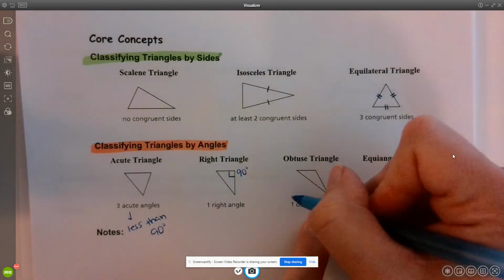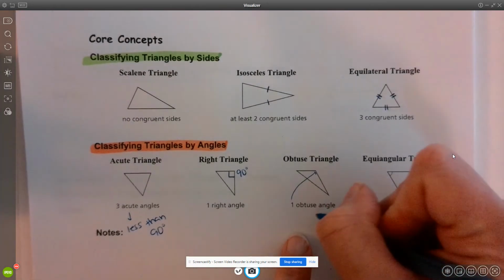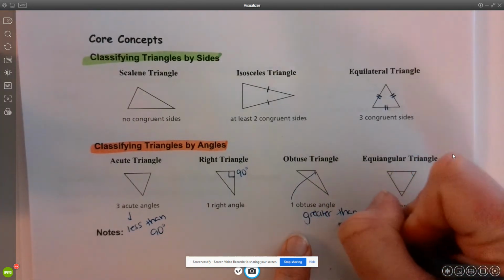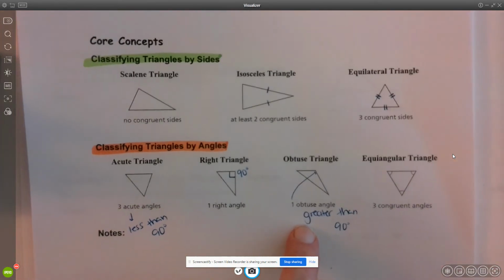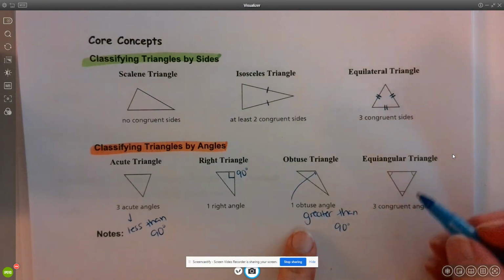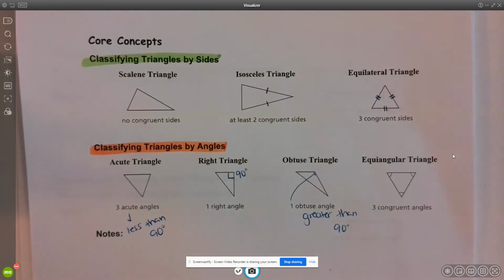If one of the angles in a triangle is obtuse, so it's greater than 90 degrees, we would call this an obtuse triangle. And if all three angles are congruent to each other, we would call this an equiangular triangle.